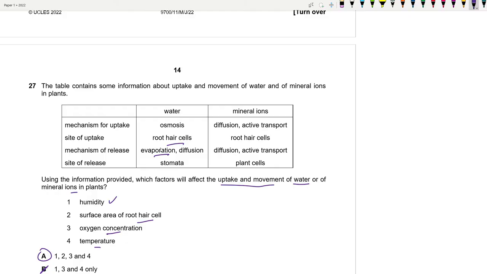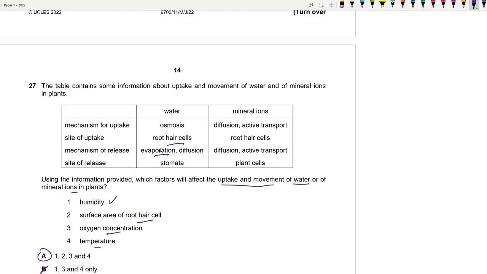Let's see. Yeah, more oxygen concentration or decrease in oxygen concentration.